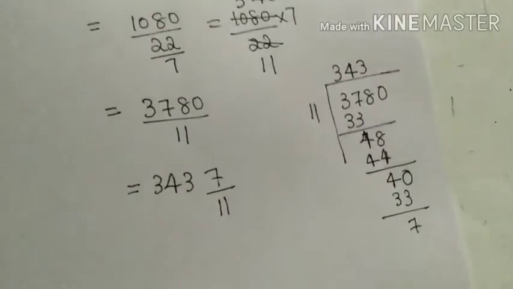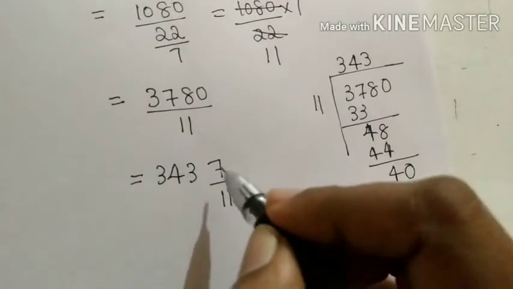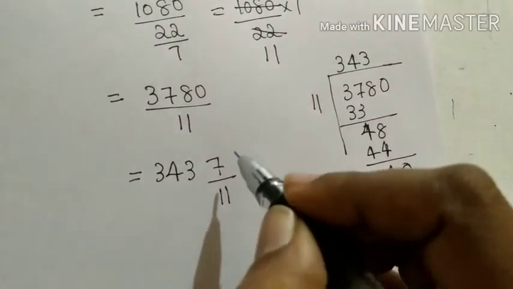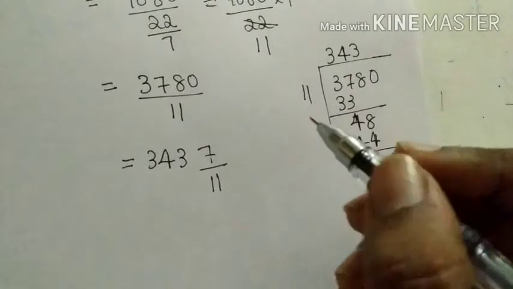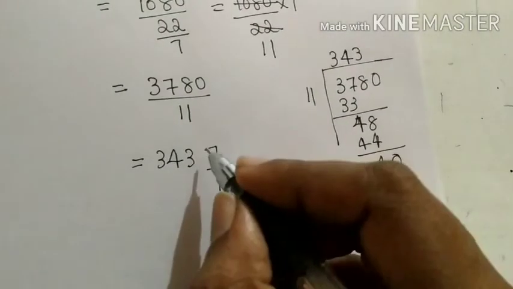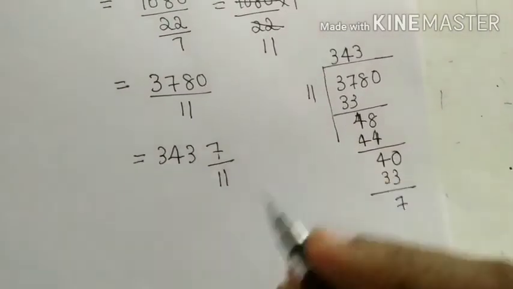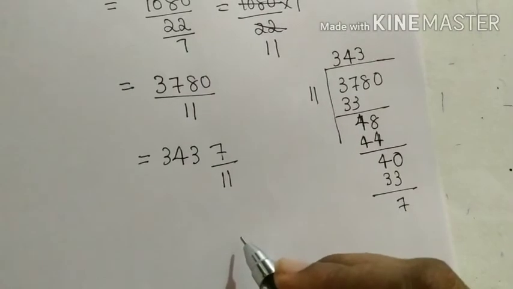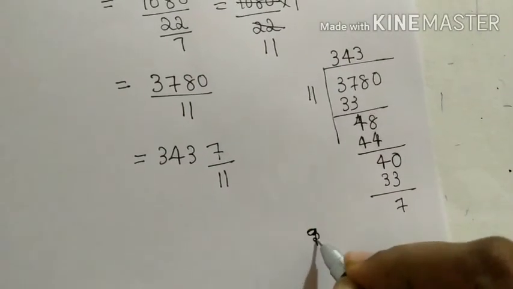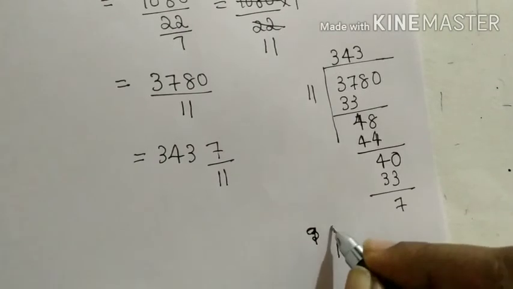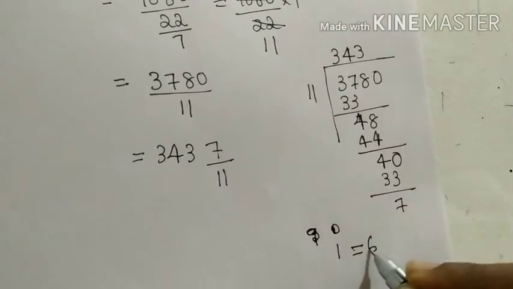Okay, so next I am converting this 7 by 11 degree into minute. We know that 1 degree is equivalent to 60 minute.